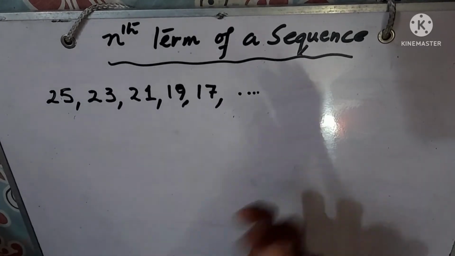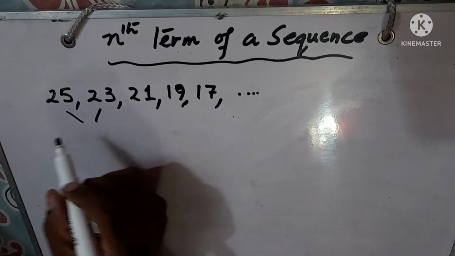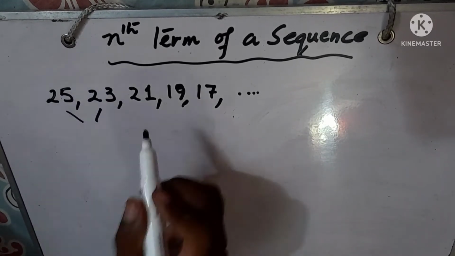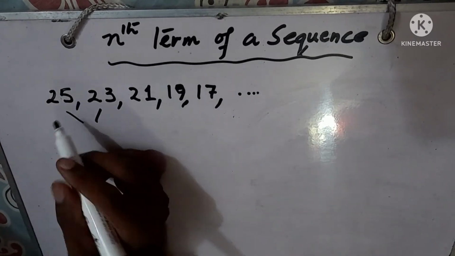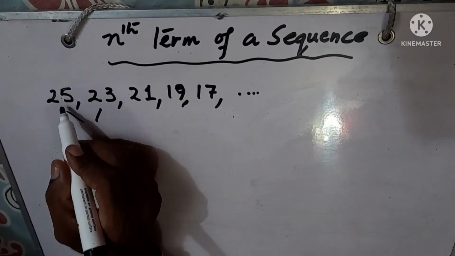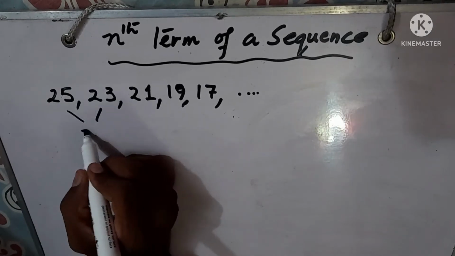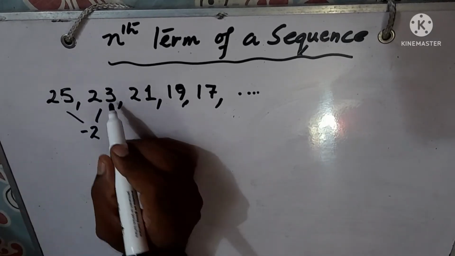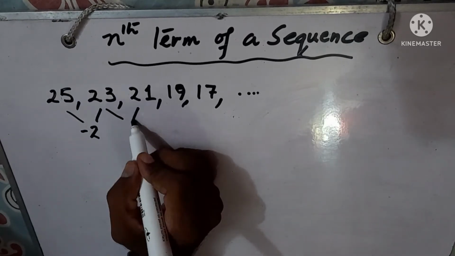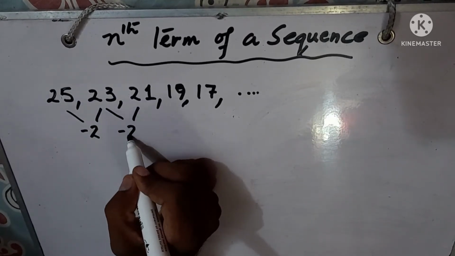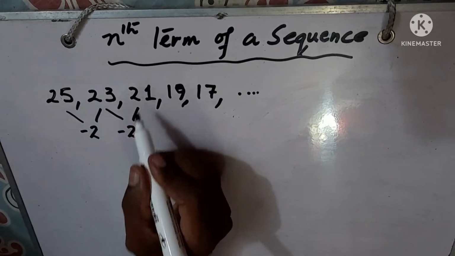First of all, I will take out the difference. Because the sequence is decreasing, this time I will be subtracting. What do I subtract from 25 to get 23? The difference is 2. Now let's check the difference between the second term and the third term. If I subtract the same 2 from 23, will I get 21?